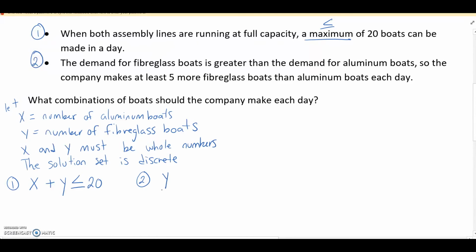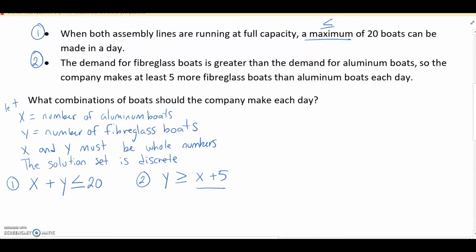So I've got y, which is the number of fiberglass boats, is greater than or equal to x plus 5. Is that saying what we want it to say? The demand for fiberglass boats is greater than the demand for aluminum boats, so they make 5 more fiberglass boats.